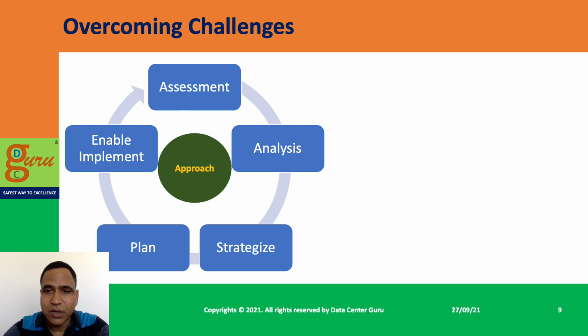So how do we overcome the challenges? First, you need to have a structured approach. A structured approach starts with assessment, where you assess your organization itself to find out what strengths and weaknesses it has from all perspectives.